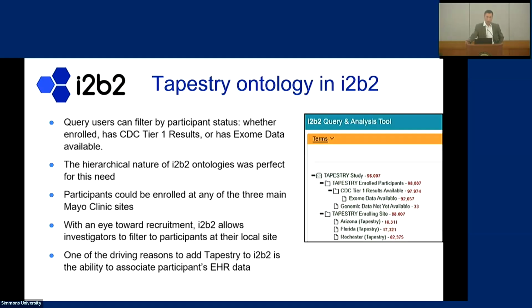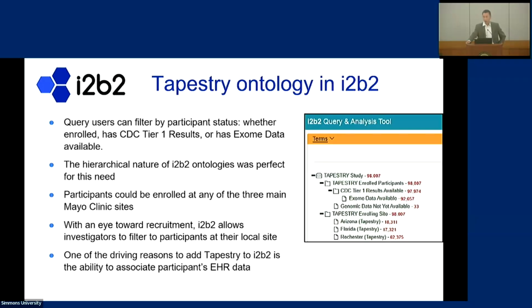So the process is that my I2B2 team met with the study team and with the PI and made sure we understood the intended use cases. And then we structure the ontology based on those discussions. And I would say that discussion probably takes more time and effort than when we actually implement the ontology. Such is the ease of making a new ontology in I2B2.